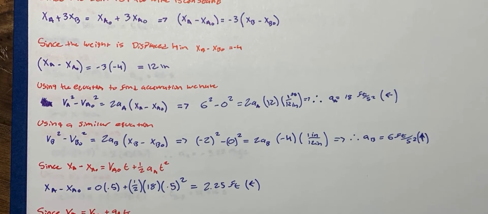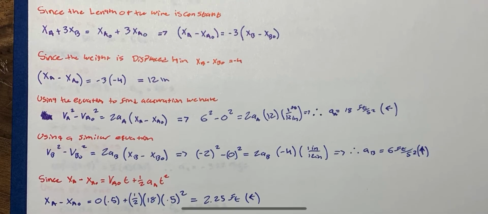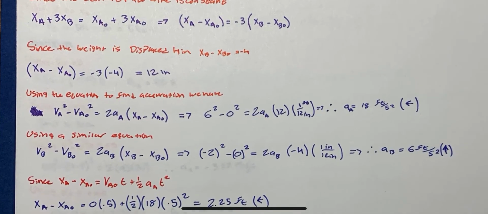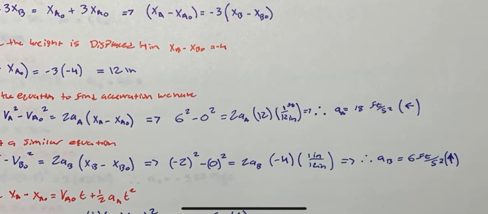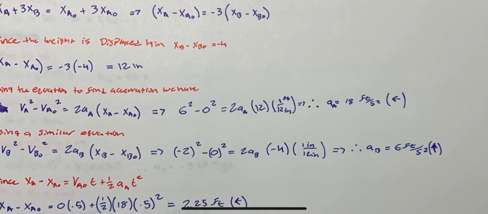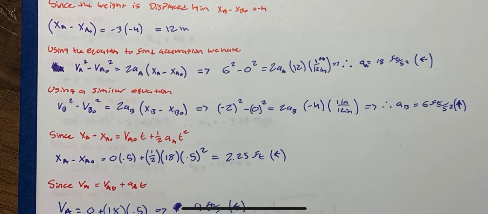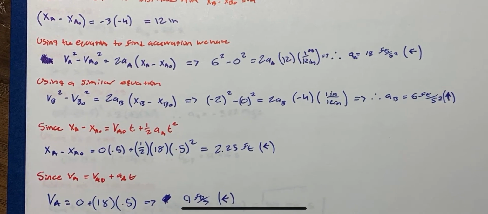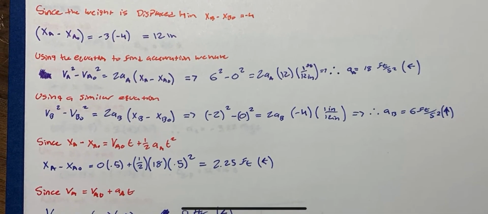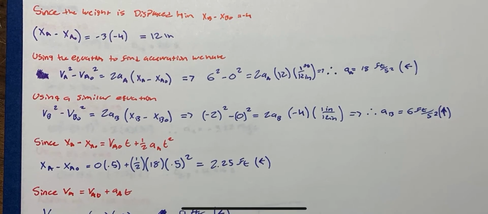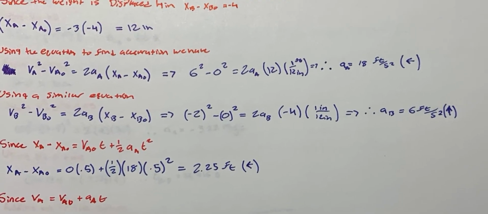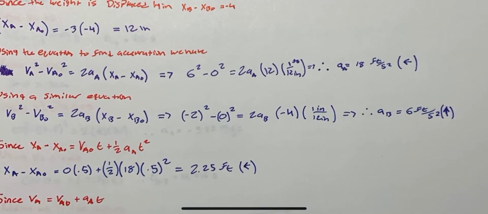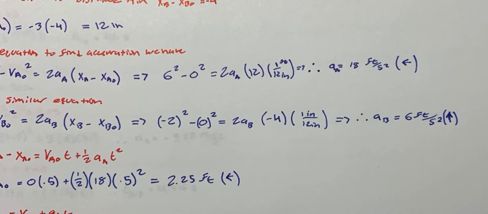And using that same equation, but substituting in acceleration, trying to find acceleration with this equation here. Plug in the numbers, we get 18 feet per second squared. Using a similar equation to the above equation, but for block B this time instead of block A, after plugging in the numbers, we get 6 feet per second.